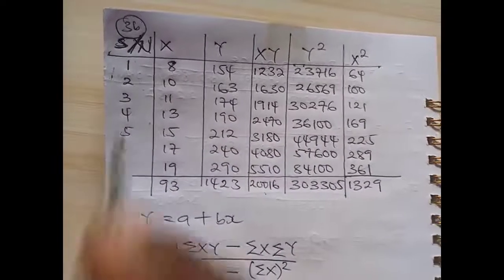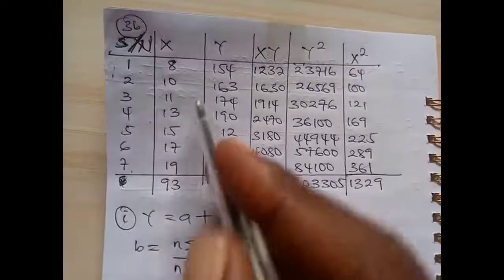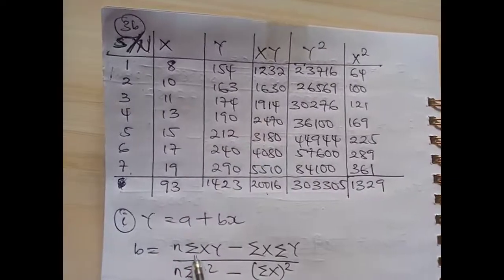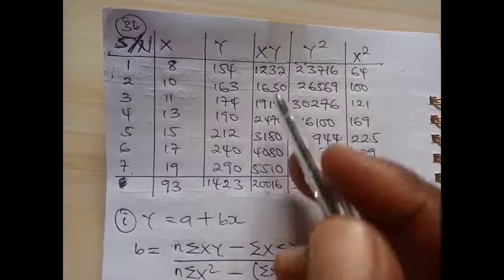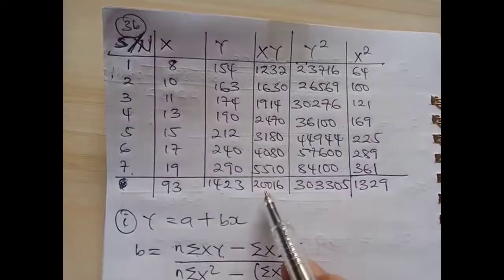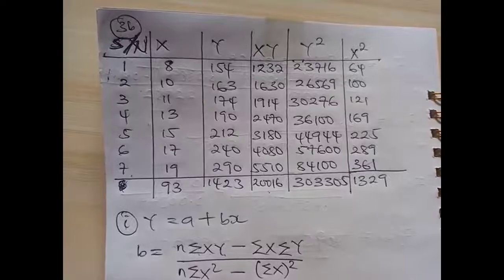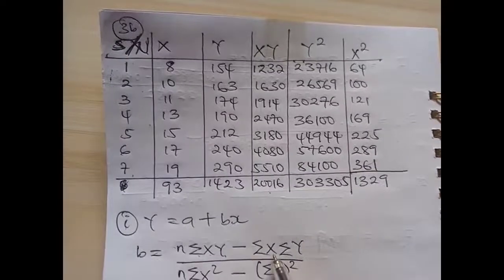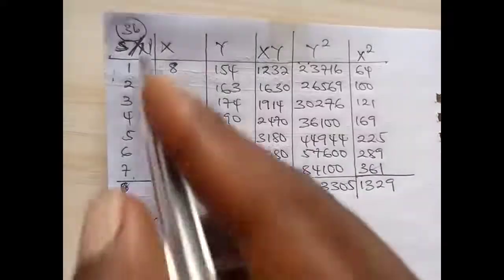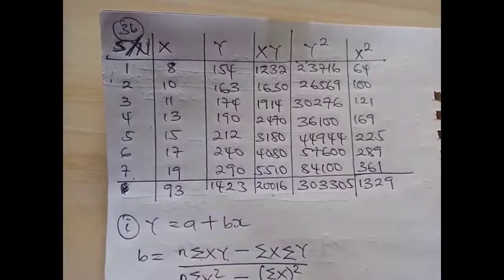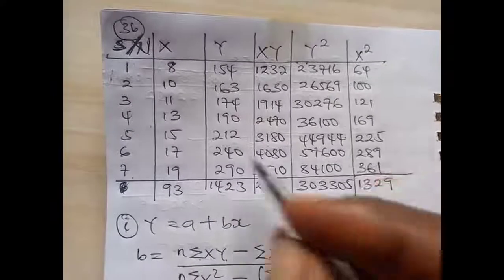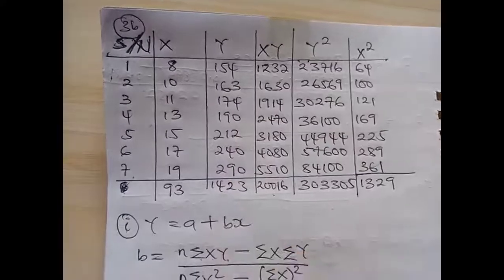Our n is 7, which is the serial number, they are 7 in number. The summation xy, it means add xy together, is 20016. So we write 20016 minus summation x times summation y. Summation x is 93, times summation y, which is 1423.